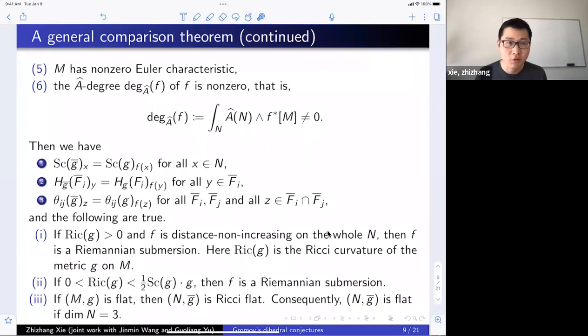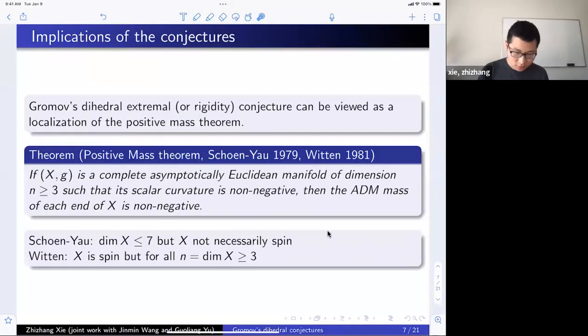I made clear what this more general theorem is about. So with this, let me briefly comment on how you get the positive mass theorem from this more general version of a comparison theorem. You prove this by contradiction.